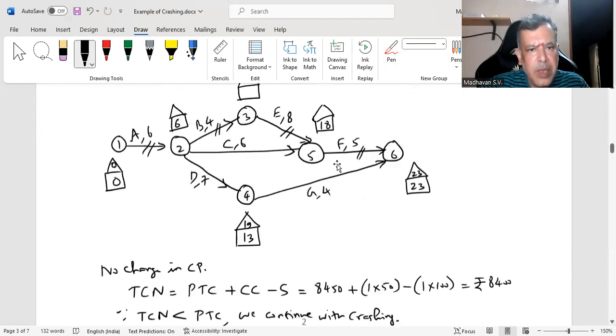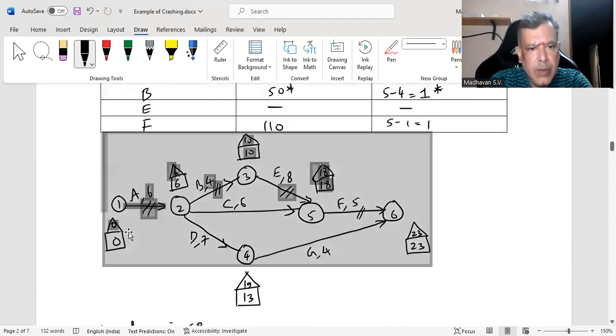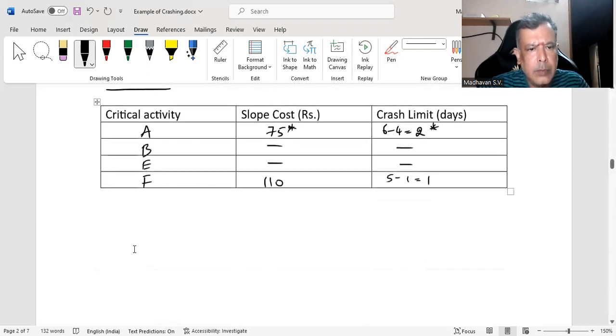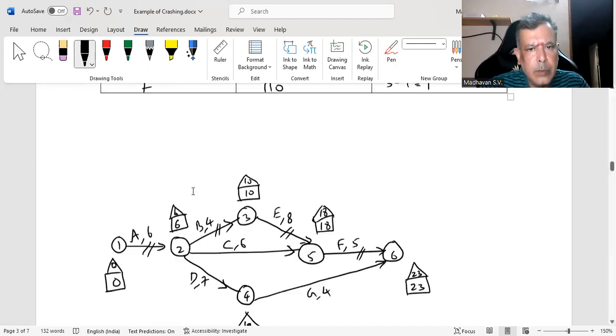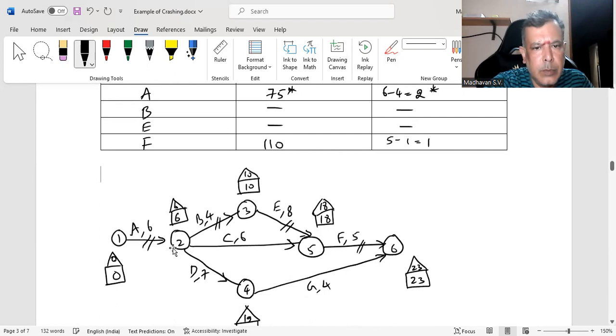So first let me copy this diagram. Then we can modify the numbers.